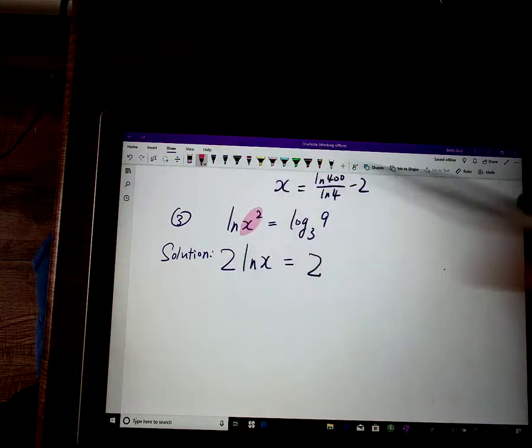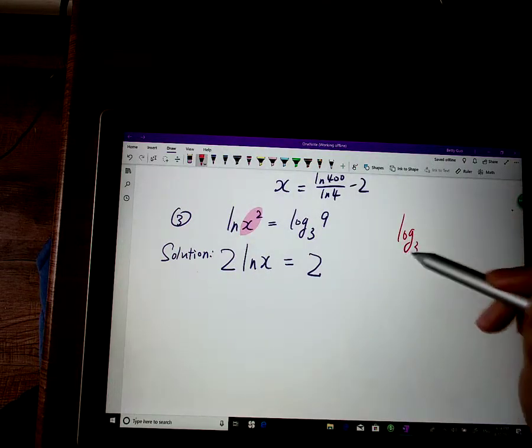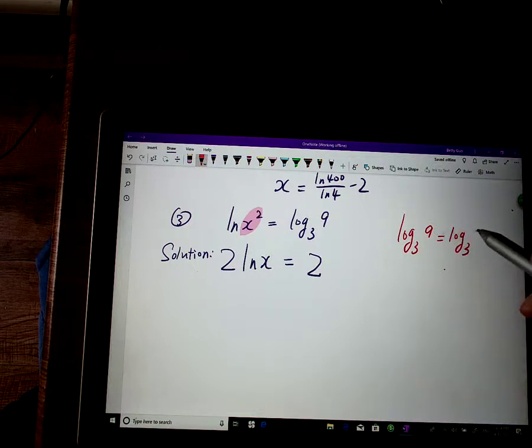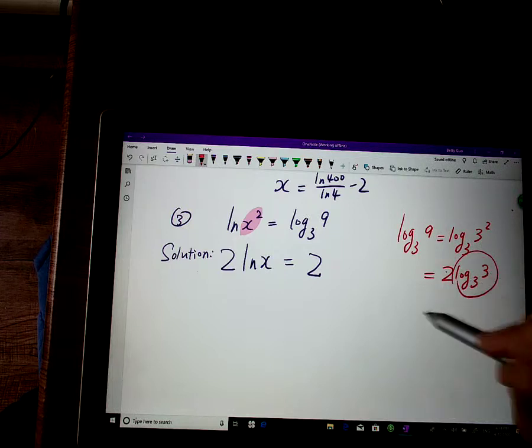Let me explain why. Log with base 3 of 9, right? Base is 3, anti is 9. What's the connection between 3 and 9? We all know 9 is a perfect square. It is the square of 3, right? By the power rule, we could move 2 in front. We have 2 times log base 3 of 3. What's the value of log with base 3 of 3? 1.